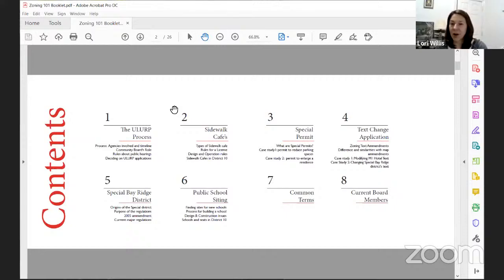Oftentimes when we are giving our input, we're not always clear on where the various agency, or where the applicant is in their process. Our timing sometimes is very important, and this does help clarify the process and the timing of the board's input, when you're looking at something from a pragmatic approach. So I really like that too.